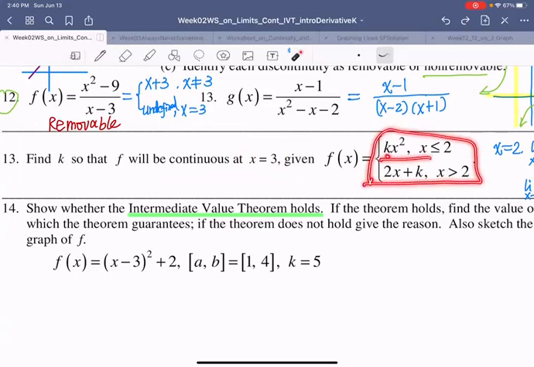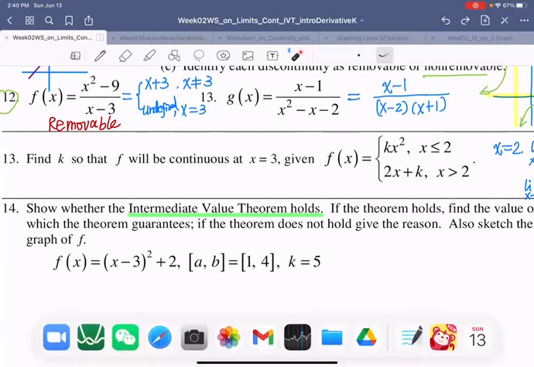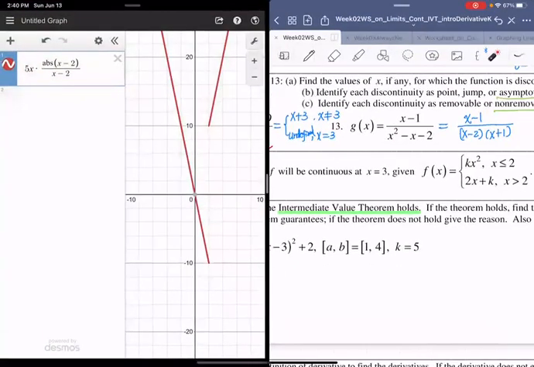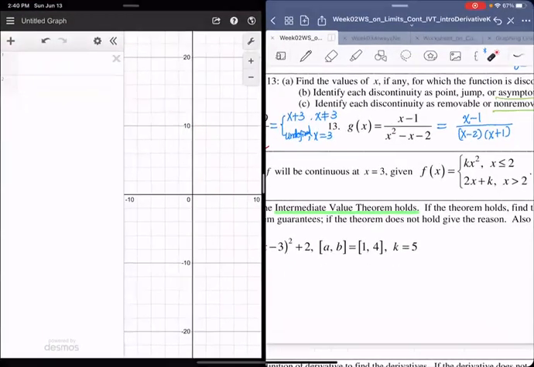For what k value will make this continuous? Okay. And you might say, what do you mean? I don't quite understand this question.